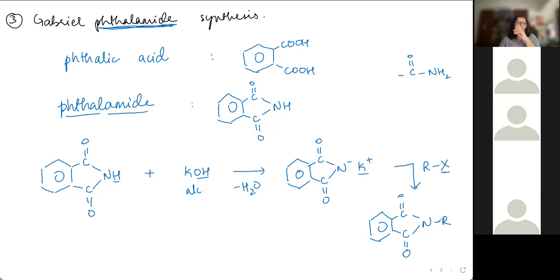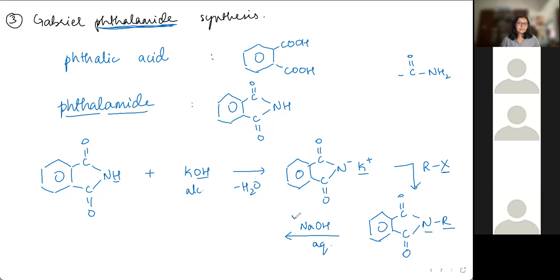There you go. You have the start of this thing. Now you have your alkyl group, you have nitrogen, you just need to substitute hydrogens on it. So for that you do basic hydrolysis.